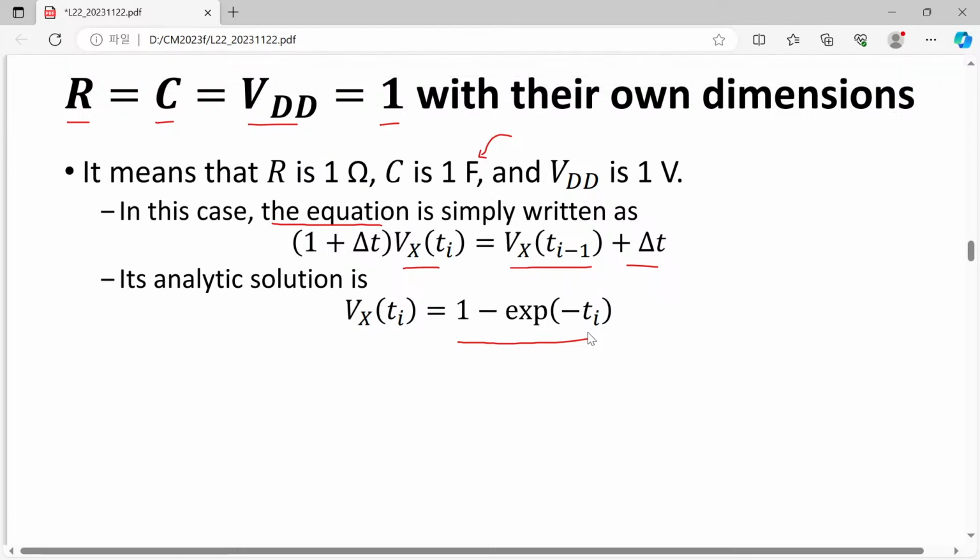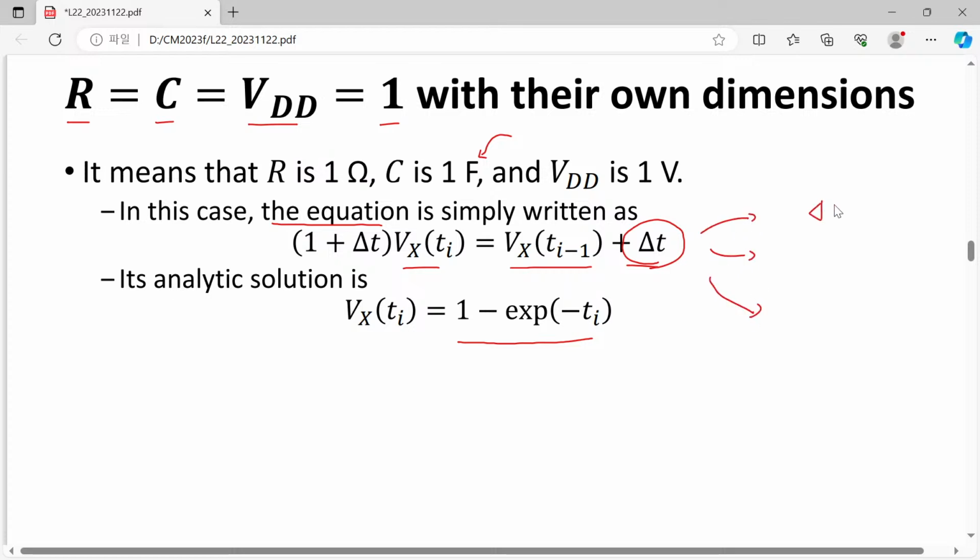So now with all of these normalized quantities, the only quantity we can control is delta t. So I wanted to try different delta t.